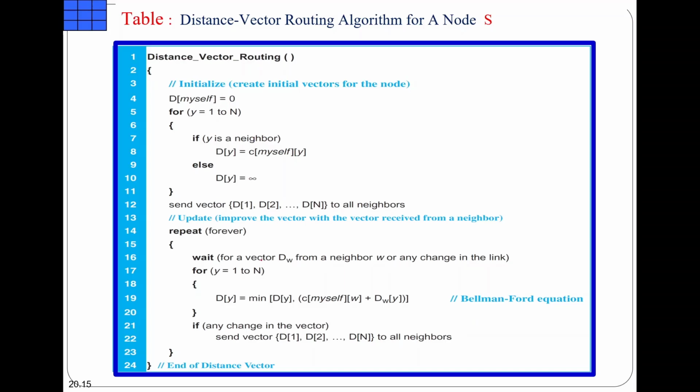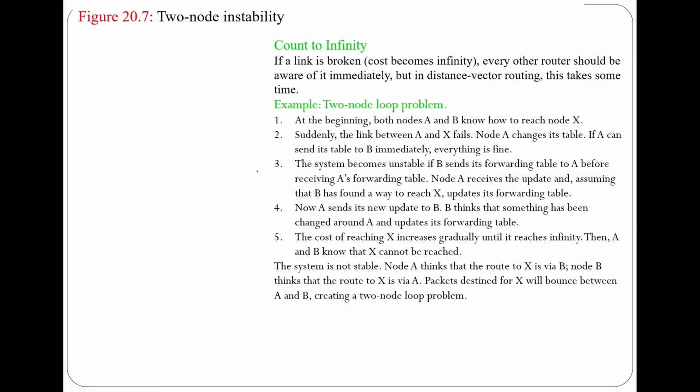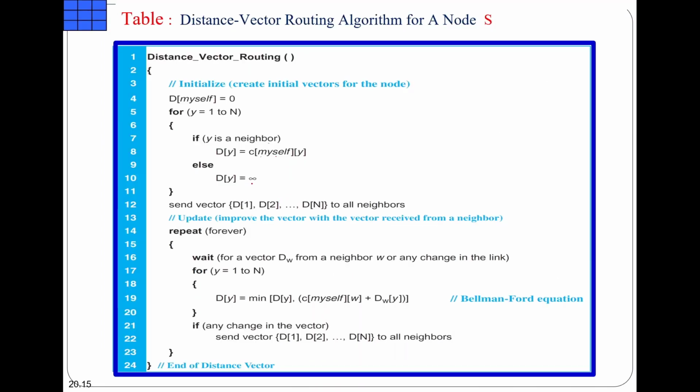There is a program written for this distance vector algorithm. It has a variable representing the number of nodes, how many nodes we have. Suppose we have 3 nodes, we have to find the immediate neighbors. If it is an immediate neighbor, then we have some value for that path. If it is not an immediate neighbor, then that particular path value becomes infinity.